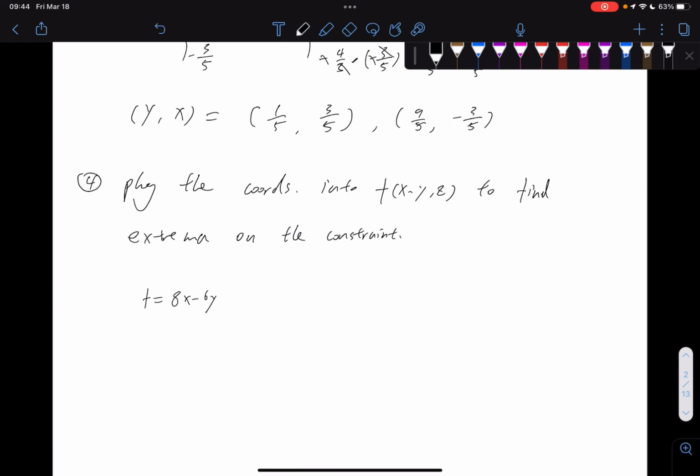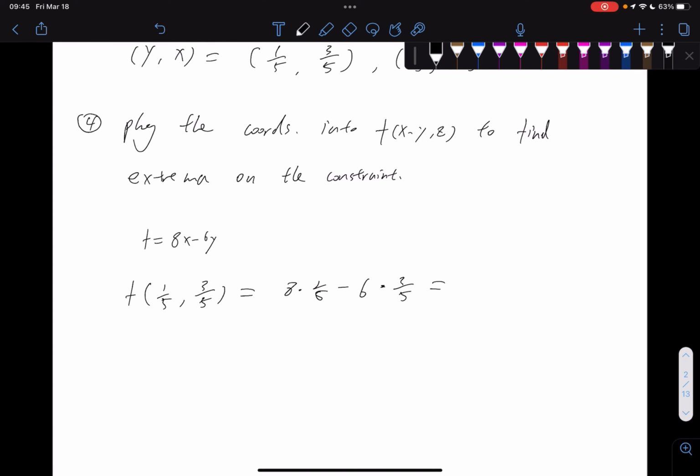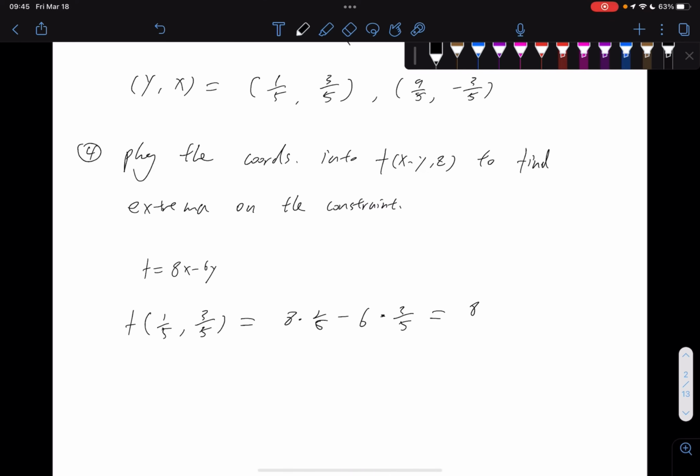Right? So f of (1 over 5, 3 over 5) equals 8 times 1 over 5 minus 6 times 3 over 5, which equals 8 over 5 minus 18 over 5, so that's negative 2.